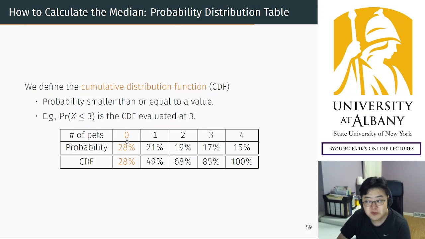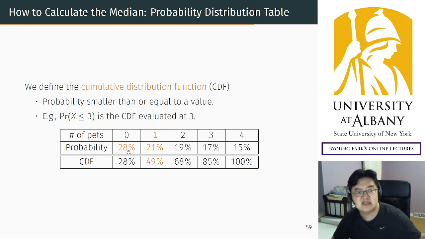First, the cumulative probability at 0 is simply 28% because there is nothing to accumulate. It's the smallest outcome. Next, the cumulative probability at 1 adds all the probabilities up to 1, so 0 and 1. Probabilities for 0 and 1 are added to make the cumulative probability.